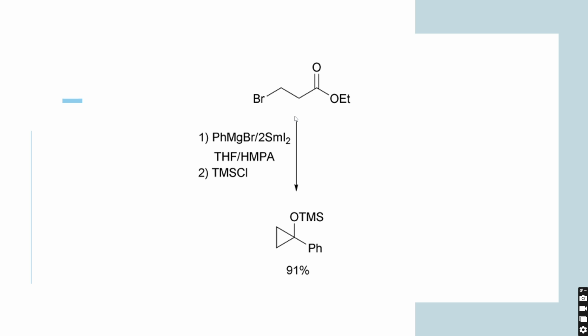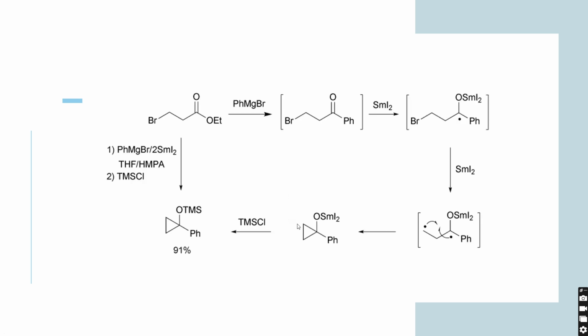Then we have this cyclopropanation reaction in presence of samarium iodide and Grignard reagent, and the reaction will be finished by using TMS chloride at the second step to protect the alcohol which is going to be generated in the first step.